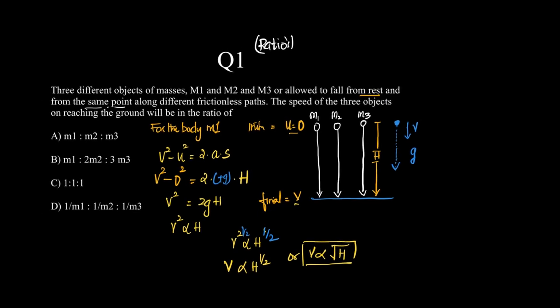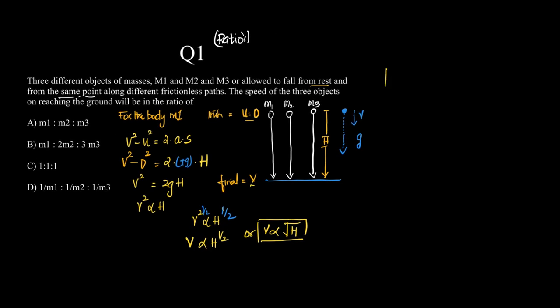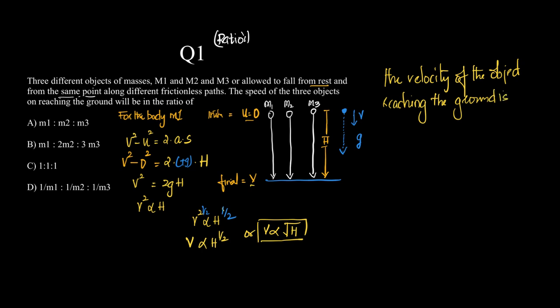Now, it can thus be said that the velocity of the object reaching the ground is dependent only on height.